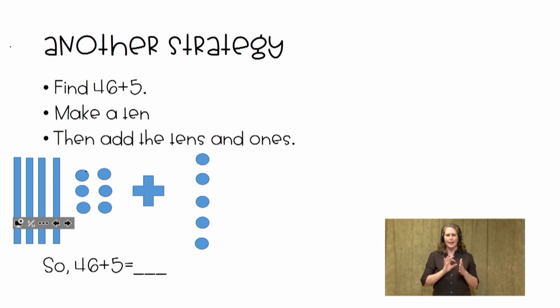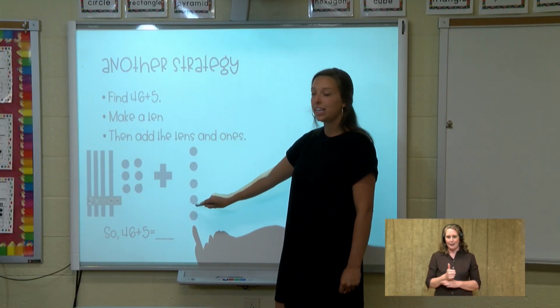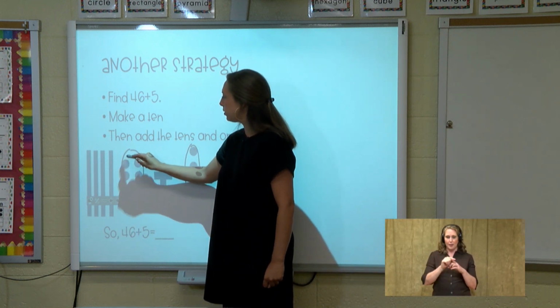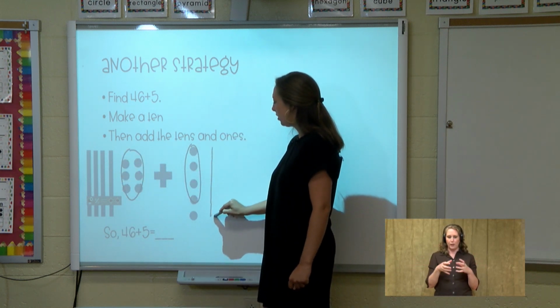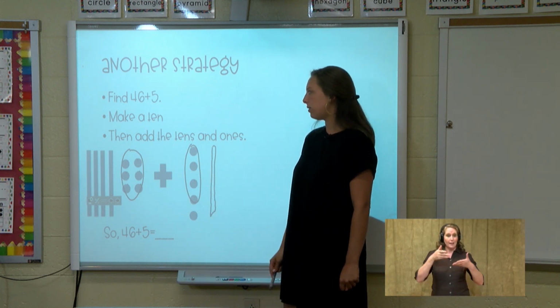Count with me. 1, 2, 3, 4, 5, 6, 7, 8, 9, 10. I got to 10. I'm going to circle these so I know that those groups can give me a rod. And I have one left over.